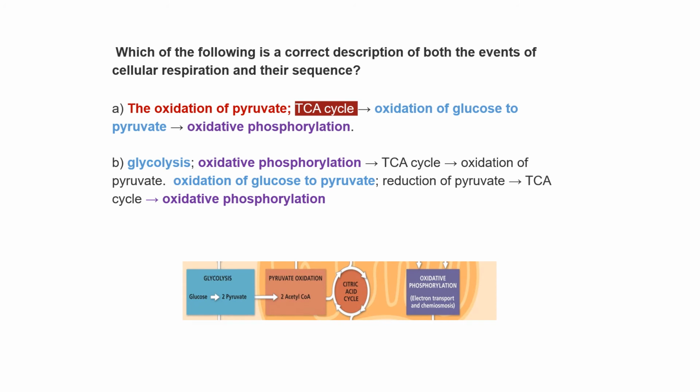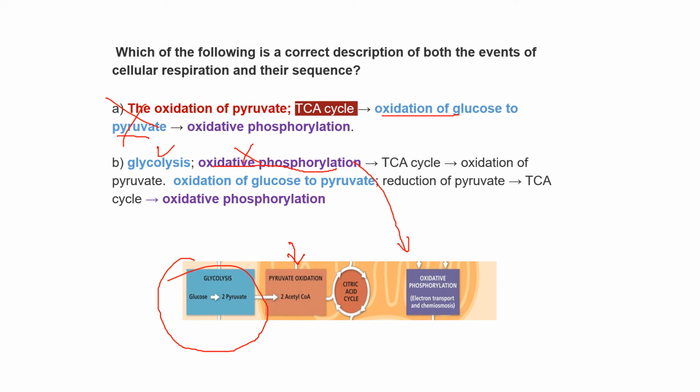For example, A is right away wrong because the first process will be glycolysis, and they put it as a third one. So they start with the second one, and this is wrong. B starts with the right one, glycolysis. However, in B, the second process is the last one. So B is wrong.